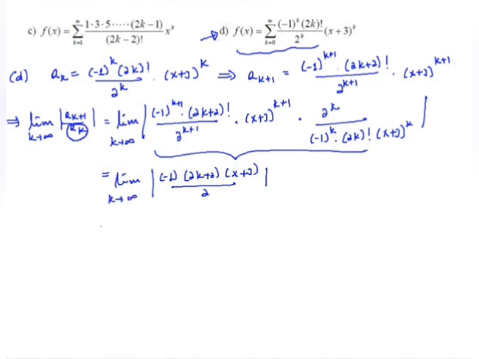So ይህም further simplify ይደረጋል, this becomes the limit of k plus 1 times, in the absolute value, x plus 3 as k approaches infinity.